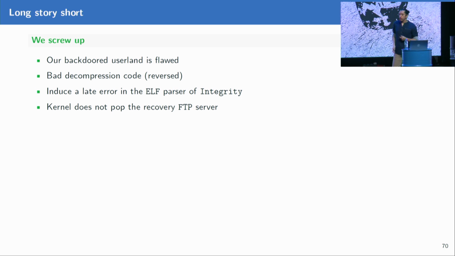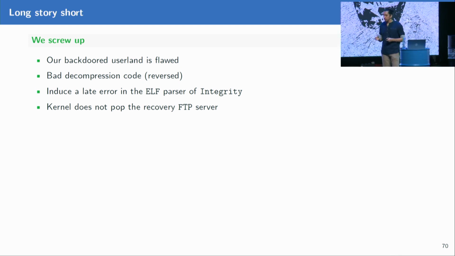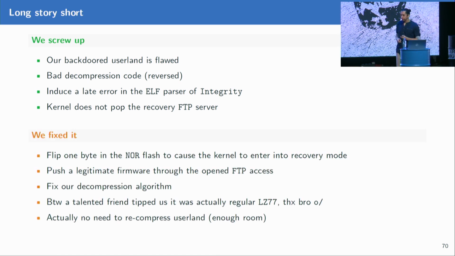Actually, we screwed up when we were backdooring the new userland. We had some bad decompression code that we had reversed when we were doing research on ILO4 systems, and it induced a very late error in the health parser of the integrity system. So the system is half running, but not enough. And that's why the kernel does not pop some recovery FTP server.